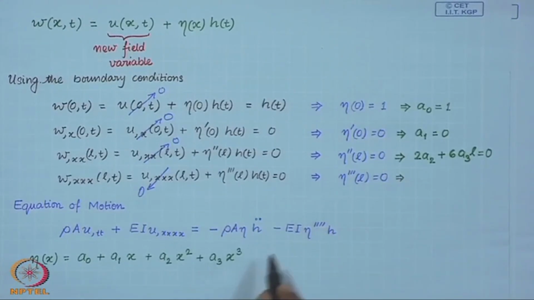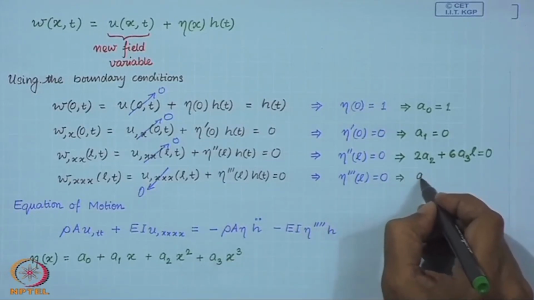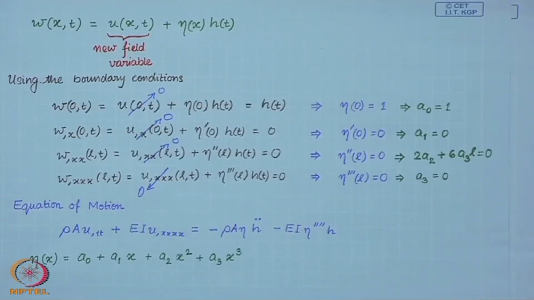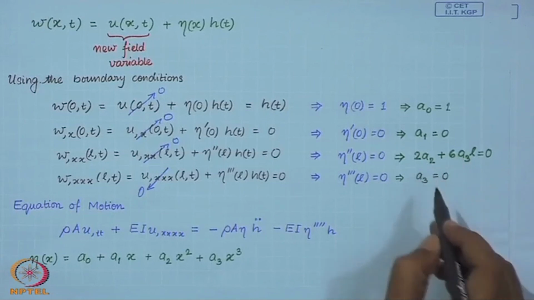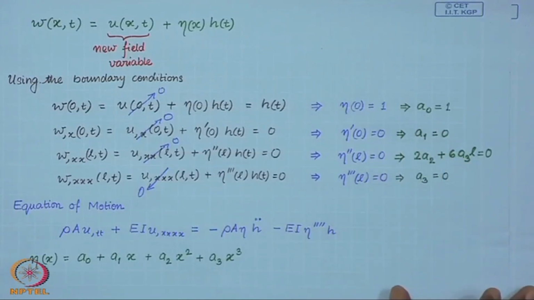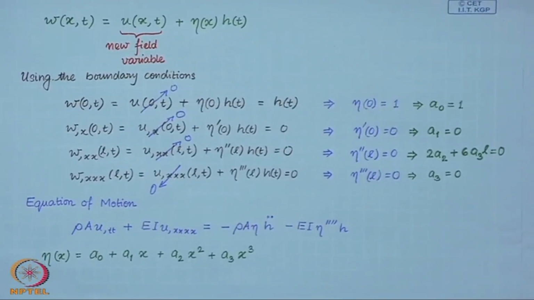And if the triple derivative of eta is to vanish, then a 3 must be 0. So, in that case a 2 is also 0. So, therefore, eta is nothing but 1. So, this is a very simple example.